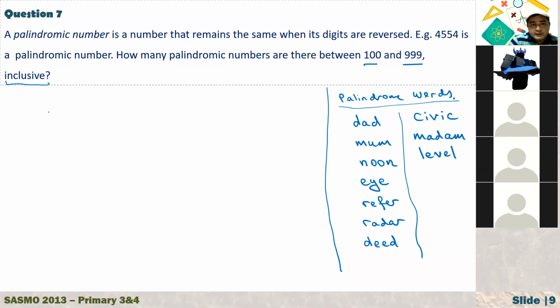Look here, a 3-digit number, right? To be palindromic, how many digits can I write in the first place? Since it is a 3-digit number, I cannot write 0. It must be different from 0. So how many options do I have here? I can write either 1 or 2 or 3 or 4 or 5 or 6. No, 0. What do you mean 0?